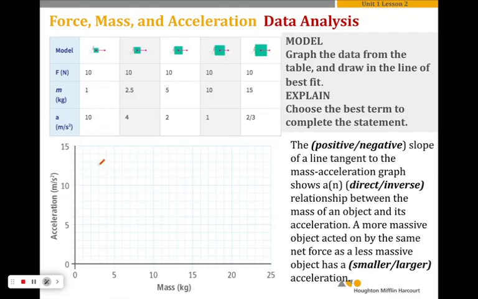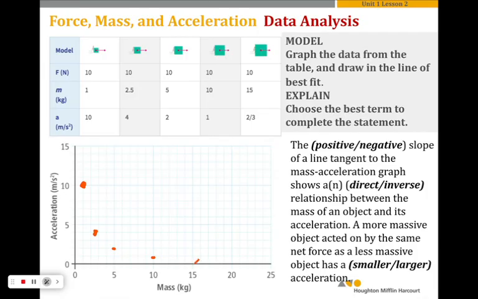So when the mass is 1 kilogram, acceleration is 10. At 2.5 kilograms, acceleration is 4. At 5 kilograms, acceleration is 2. At 10 kilograms, acceleration is 1 meter per second squared.